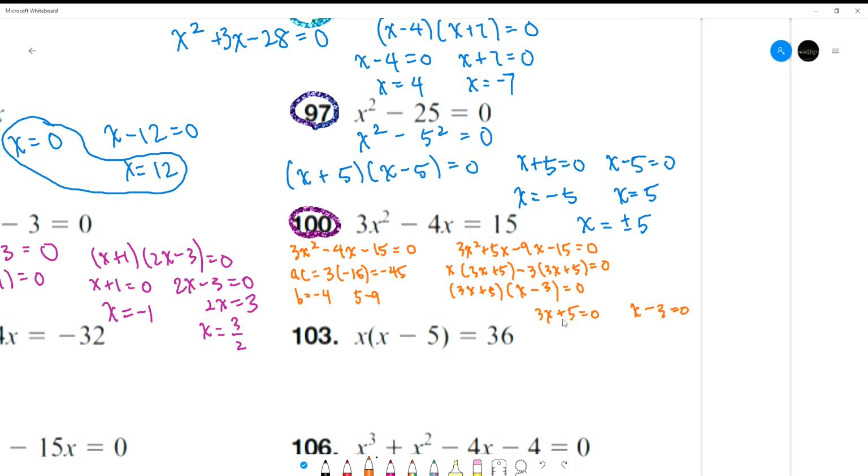And solve for x. So for 3x, we subtract 5, so we get negative 5. And then divide by 3, you get negative 5 over 3. The second factor, you just add 3 and you get x is equal to positive 3. And we have our two solutions.